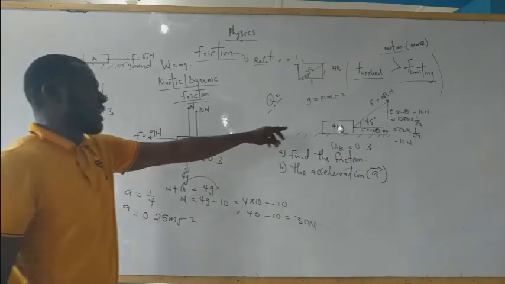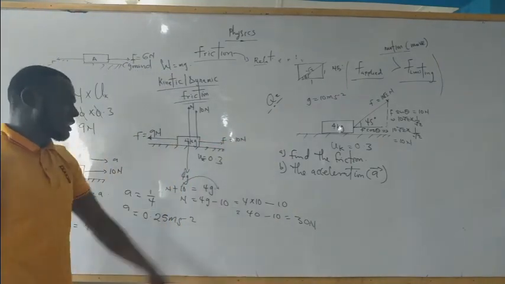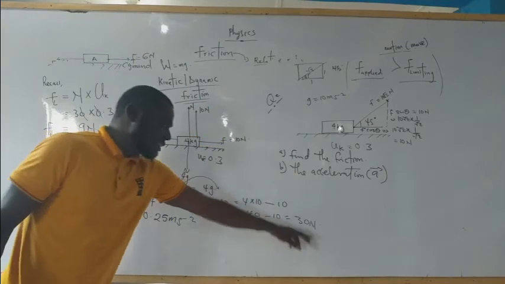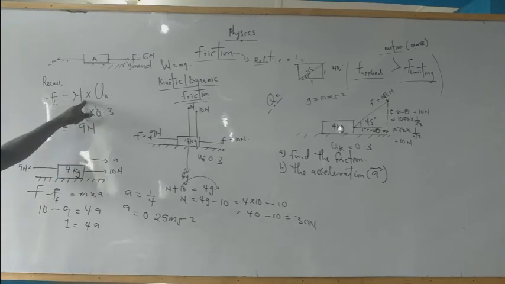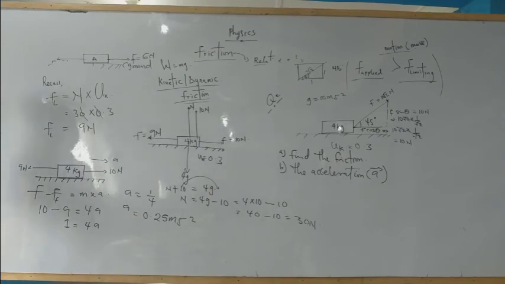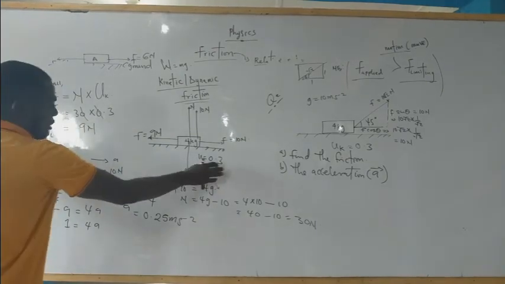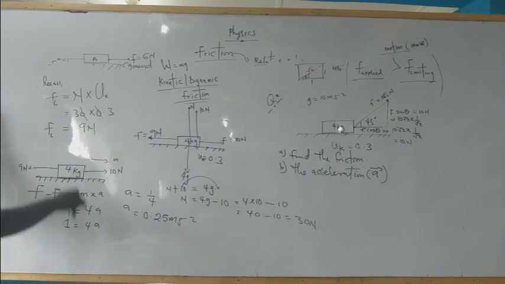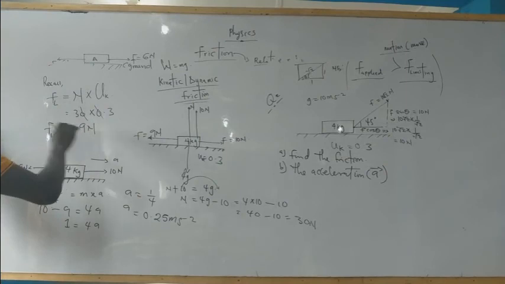G is 10, acceleration due to gravity, so 4 times 10 is 40. 40 minus 10 is 30. Then F equals N times mu K, that's 30 times 0.3, so F equals 9 Newton. That's 3 times 3 is 9.